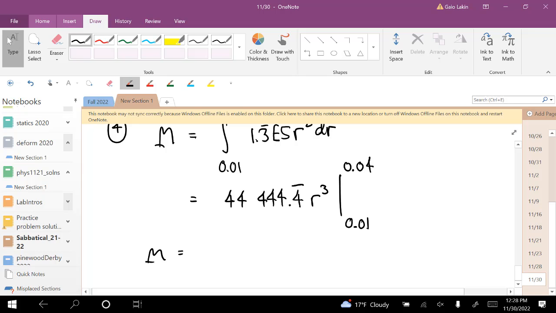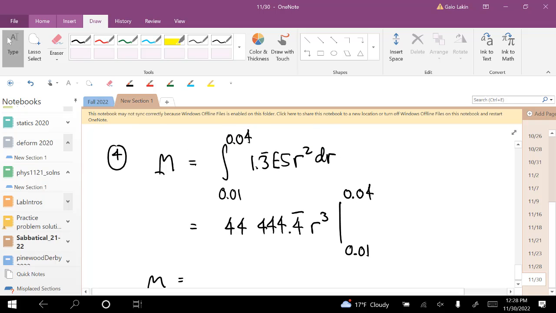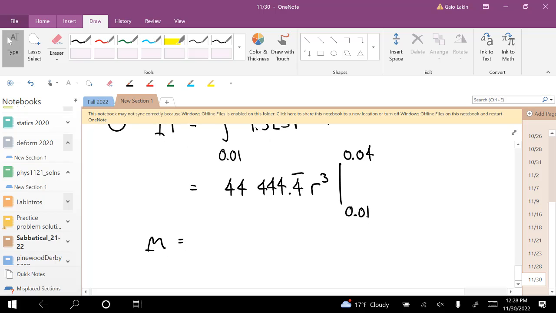Can someone evaluate that for me? 2.8, and that is Newton meters.